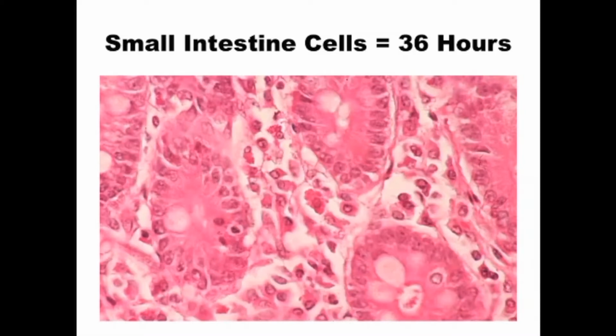So the small intestine is the first place that the water that you drink really hangs out for any period of time. And it's in the small intestine where water is absorbed. It's taken into your bloodstream, it's taken into your lymphatic system, and it's delivered to cells all over your body.